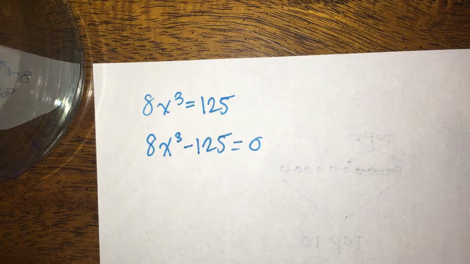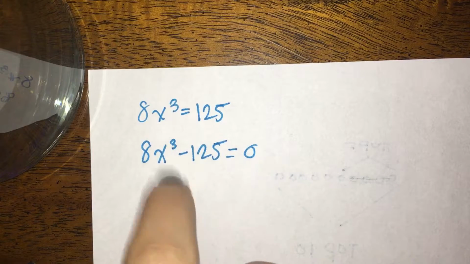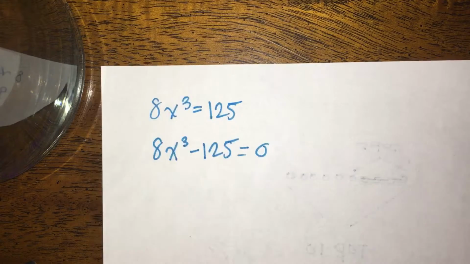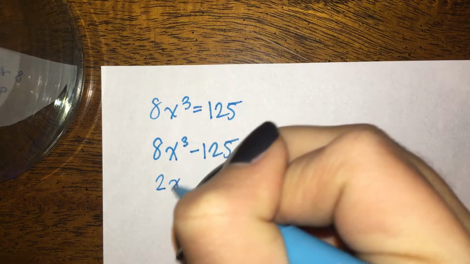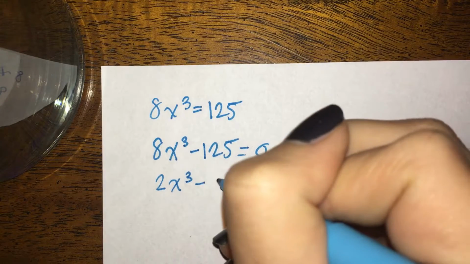So what you have to do next is get everything to be to the cubed root. So 8 to the cubed root is 2, and then negative 125 to the cubed root is 5.